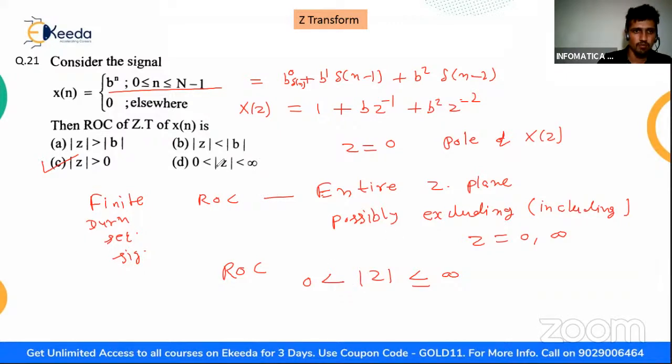So always be careful about these. You have to calculate these by just determining the Z transform. So this is our answer, and this is best matched with C, not D, because they have not included infinity.